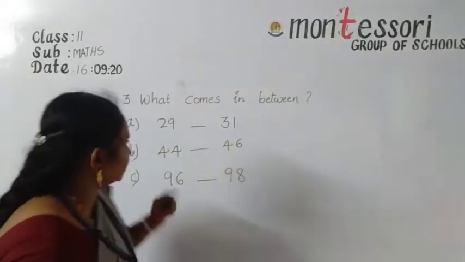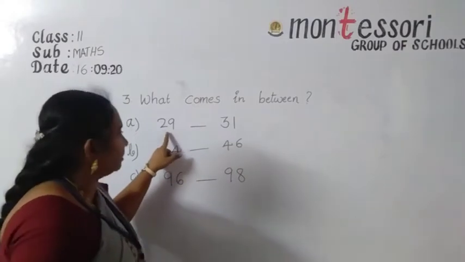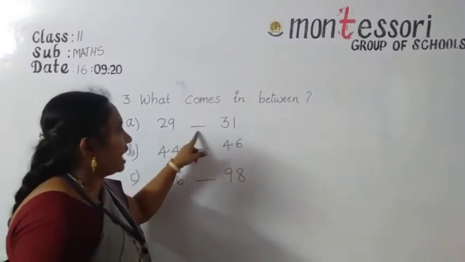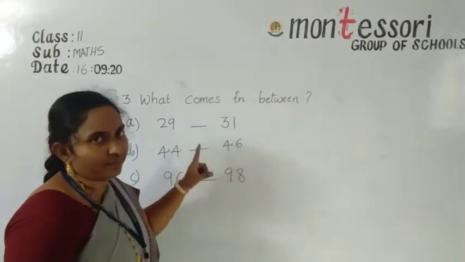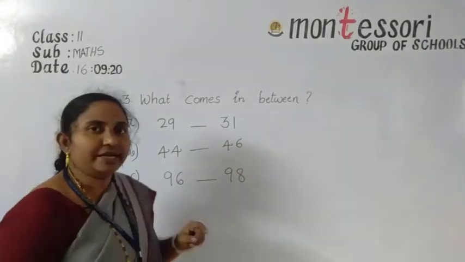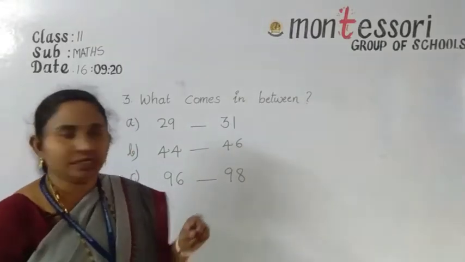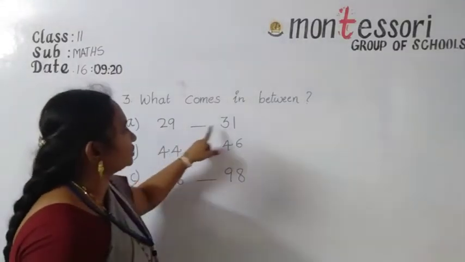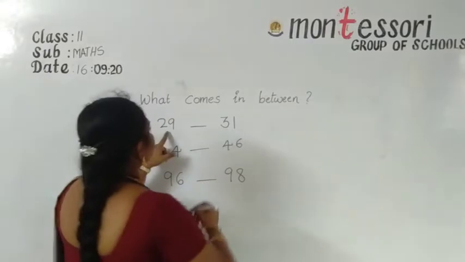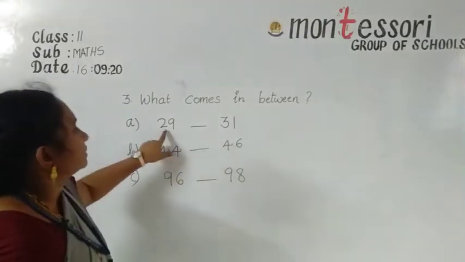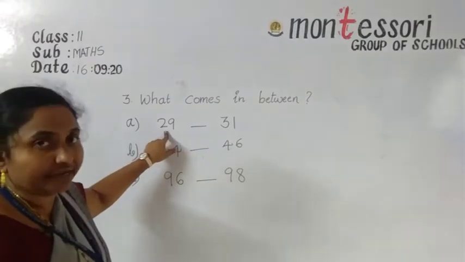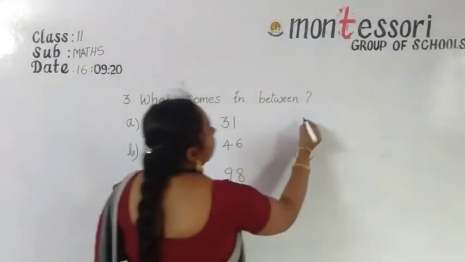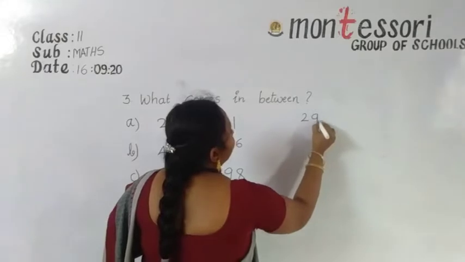Now I would like to explain the first one, 29, 31. In your textbook circles are given, but I am writing a dash. You write down the answers in the circle. Here we can find the number that comes just after 29. What can we do?